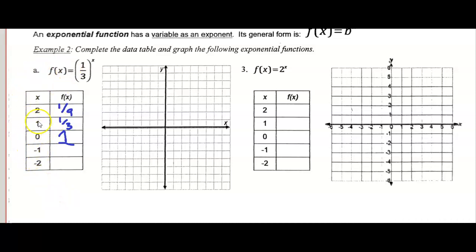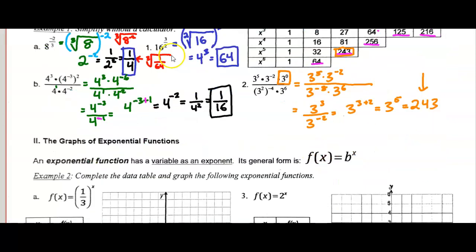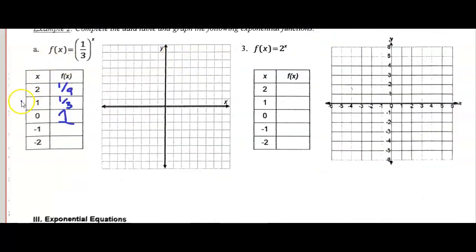Now negative powers, another way of looking at this, a negative power could be considered a reciprocal to the positive power. So if you know the positive power, the negative power of the same number is the reciprocal, right? So if we already have what it is to the positive 1, well, to the negative 1 is the reciprocal of that.